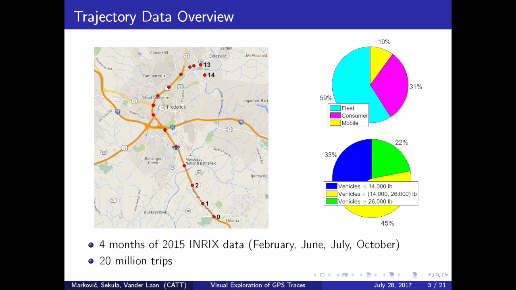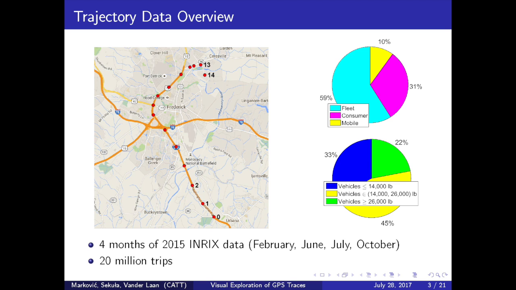So this trajectory data set consists of a number of waypoints, which can be ordered in order to reconstruct routes taken on particular trips. In this visual on the left, we can see that we have 14 points, and the first point would be identified as the origin, while the 14th point would be the destination of that trip.